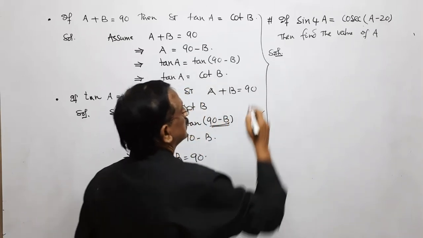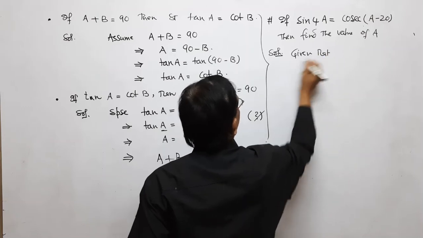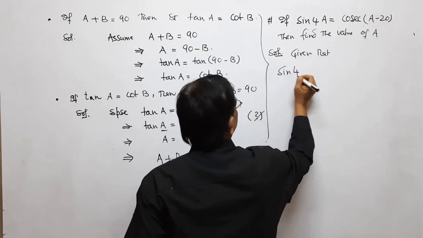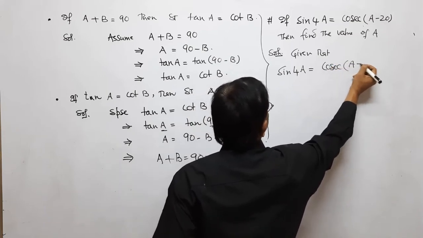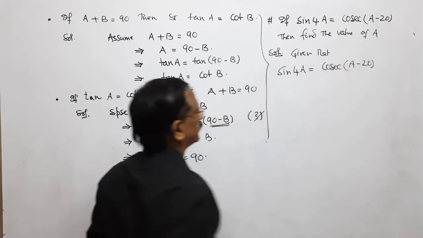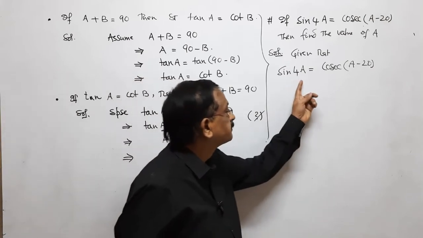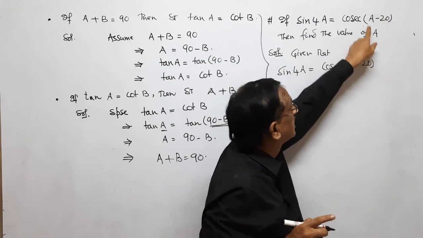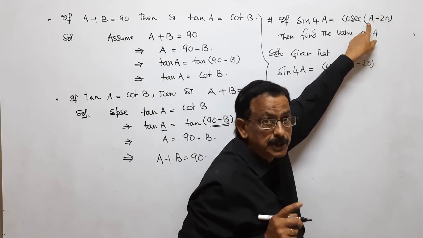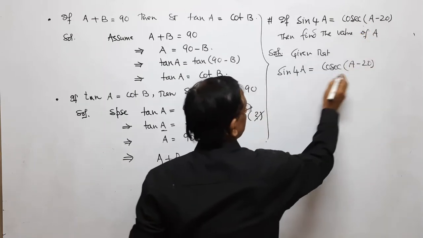Given that sin 4A is equal to cosecant of A minus 20. I have to observe one thing, find the value of A, and A minus 20 is acute. It should not be more than 90. So sin 4A equal to cosecant of A minus 20.